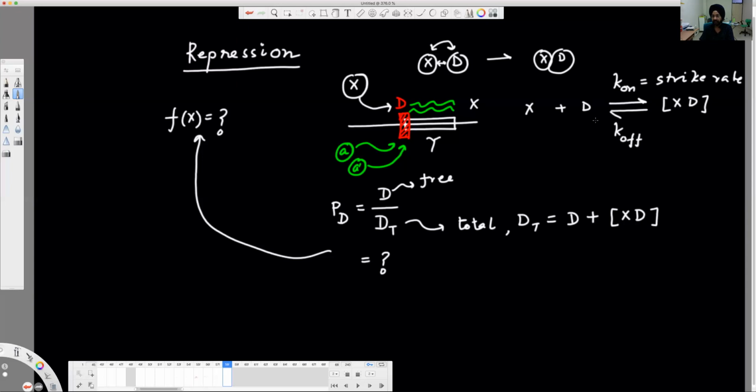That will tell how often this complex is actually dissociating. So this is the fall off rate. Right? So we need to focus upon K on and K off, right? So this is your key equation. So the rest of the derivation is just centered around this equation only.